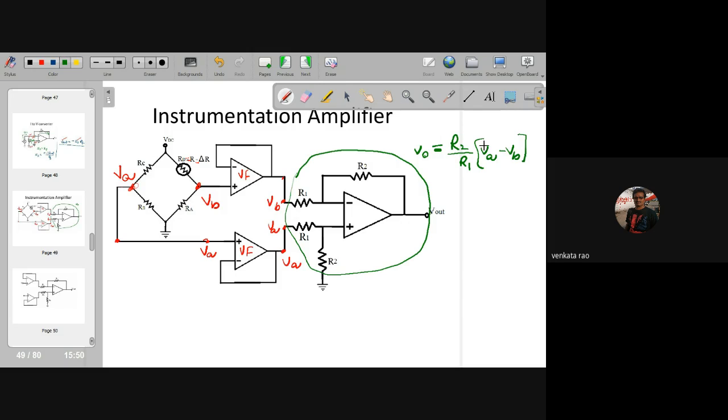Now you need to get the value of VA and VB from the circuit.